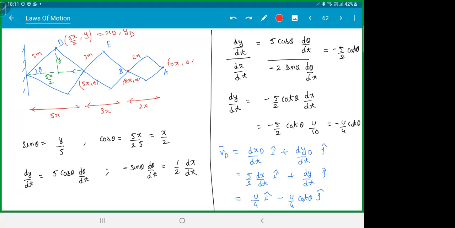This is fine. Keep everything in terms of the 5 meter thing and do it. You could have done that. Tan theta is equal to 5 by 5x by 2. Then this will be 5 is equal to 5x by 2 tan theta. Differentiate first x and then theta. Same thing you will get, but it's a little more complex. Do check out the steps. I think you can do the same thing for point E right now. Point E coordinates will be what?